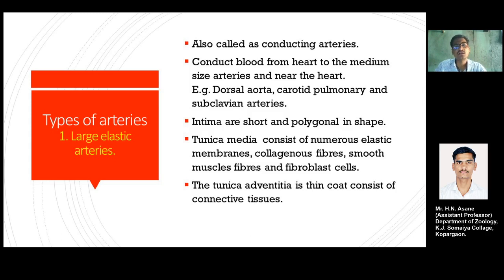They conduct blood from the heart to the medium size arteries. Near the heart you will find all these types of arteries, the large elastic arteries.